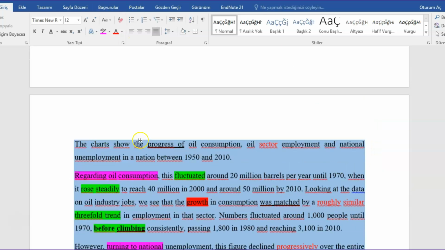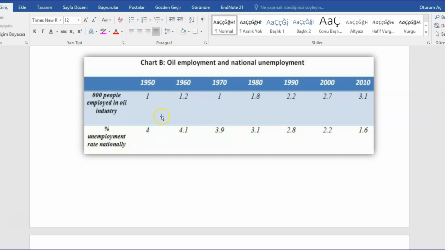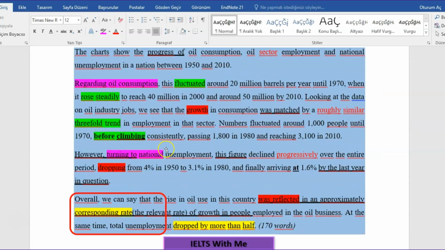And regarding the last option, our unemployment percentages, right?